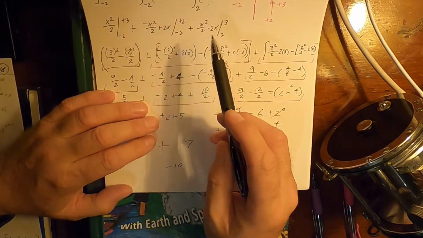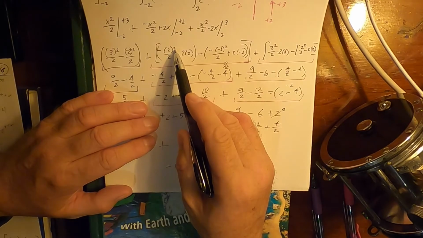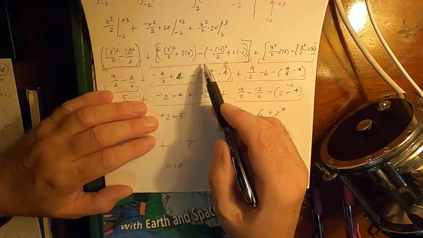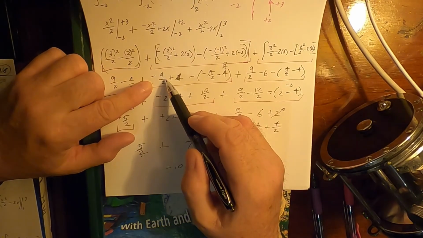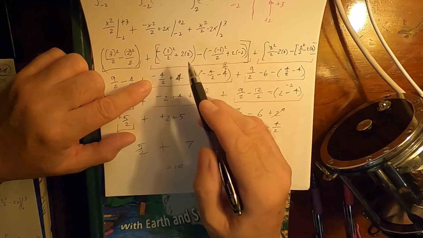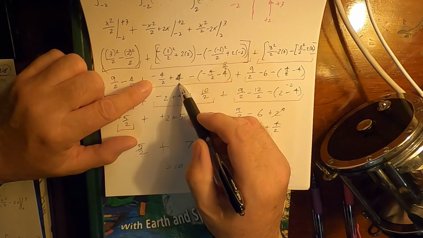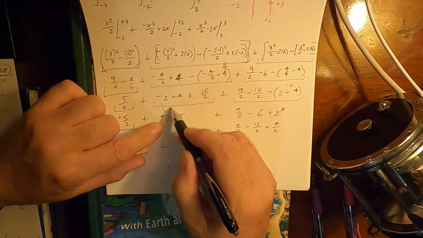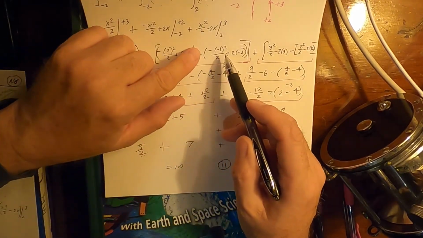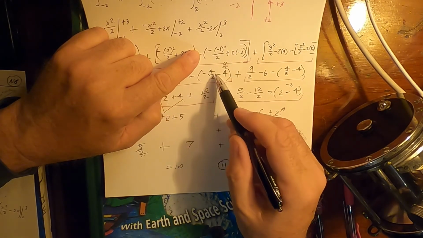And let me just see if I could find my mistake here. So it's minus 2, the upper, right, minus what? The lower, okay? And so I have negative 4 over 2, okay, plus 4. That's right. So that's minus 2 plus 4 is 2. Correct. That goes right. So let's see this one. So this is 4 over 2 is minus 2.